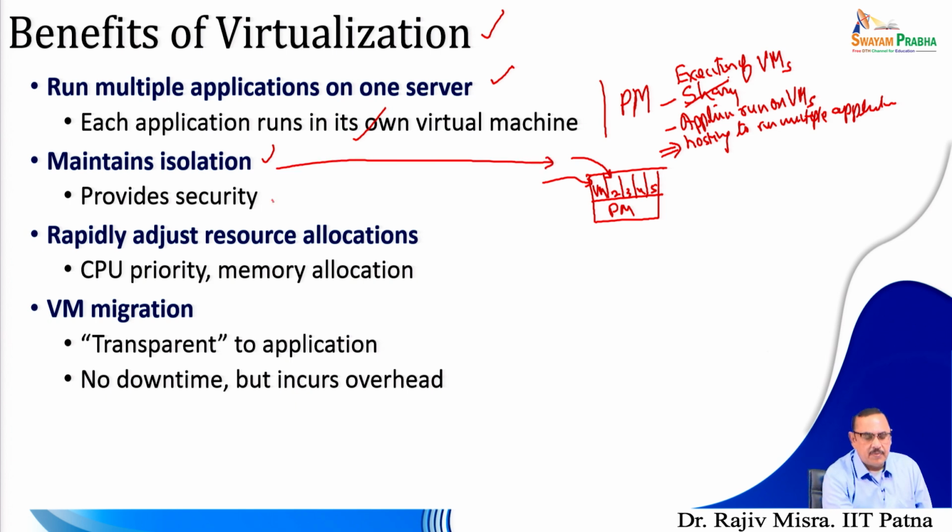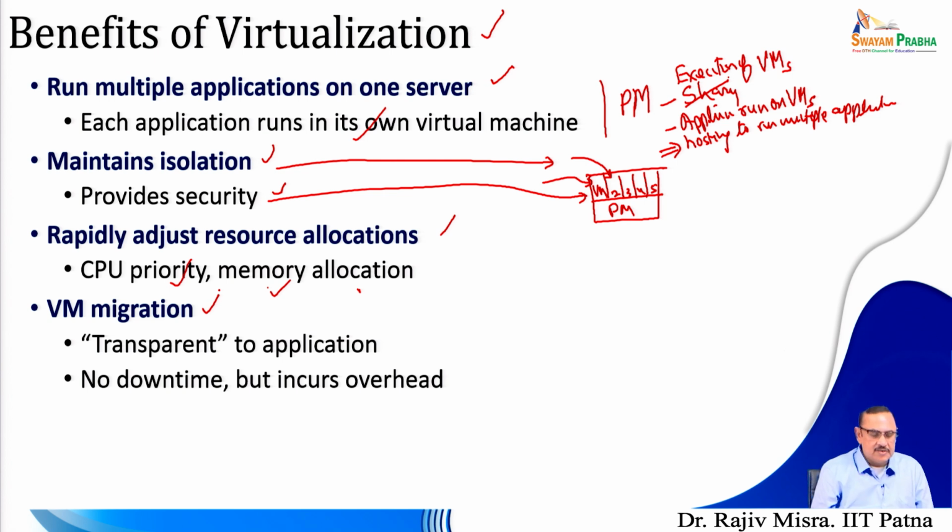Another important thing is they provide security, that means virtual machine 1 and 2, if they are simultaneously running and coexist, then both of them will follow their own security norms and maintain the isolation. Another benefit of virtualization is that it rapidly adjusts the resource allocations, that is the CPU priority, memory allocation and so on.